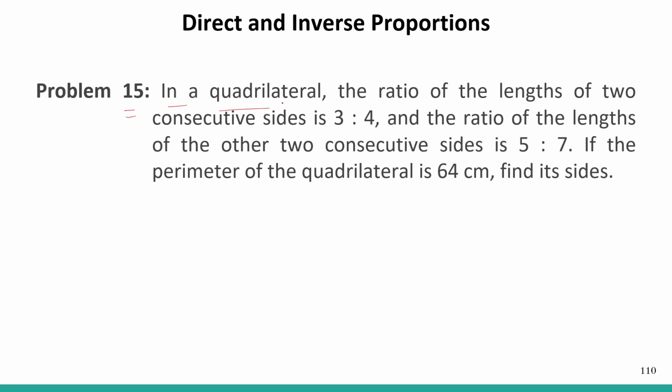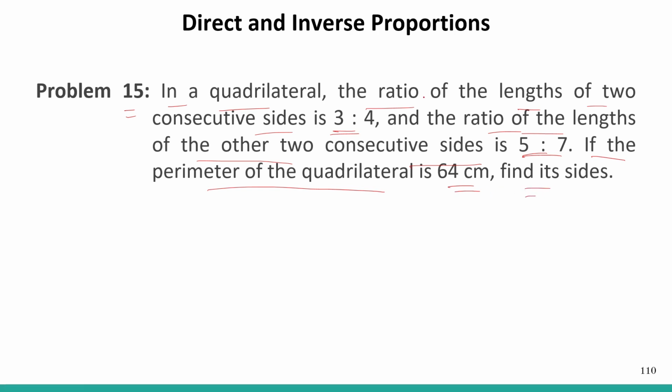Okay. In a quadrilateral, the ratio of the lengths of two consecutive sides is 3:4. The ratio of the lengths of the other two consecutive sides is 5:7. If the perimeter of the quadrilateral is 64 centimeters, then find its sides.